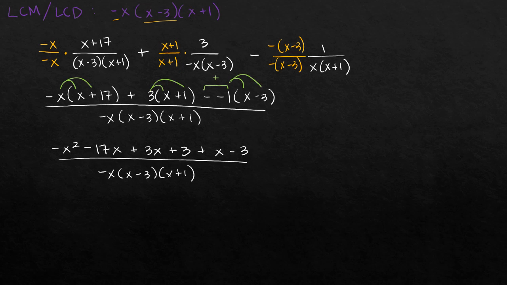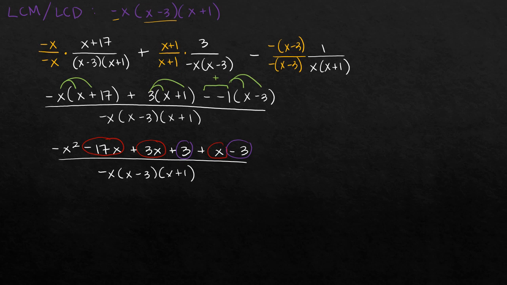Okay. We've got a lot of terms that we can end up combining here. So I might just circle some of them. I see we've got a negative 17x. I kind of want to use a different color there. Yes, okay. Negative 17x. We've got a 3x, and then we've got just a plain old 1x. We also have a 3 and a negative 3. Interesting. Looks like those are just going to cancel each other out.